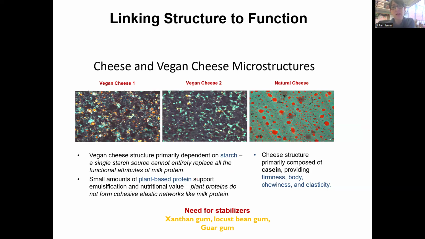The protein is in there, but it's not really for formation of a gel, because it doesn't form that nice gel entrapping the fat. That's why vegan cheese is very different compositionally from dairy cheese.